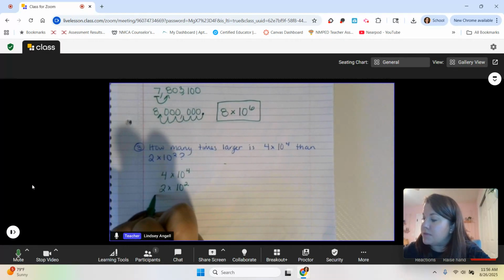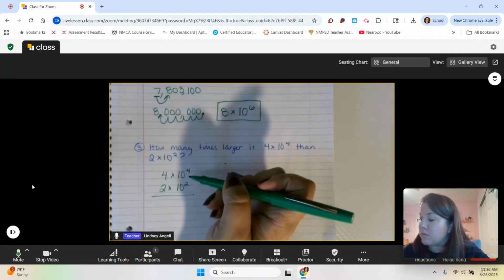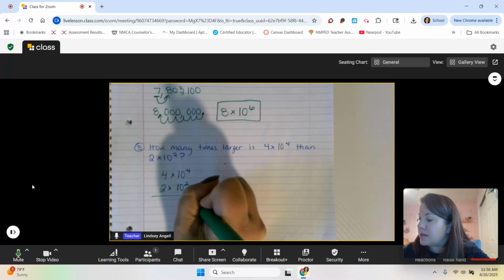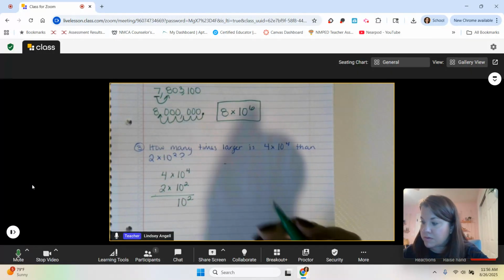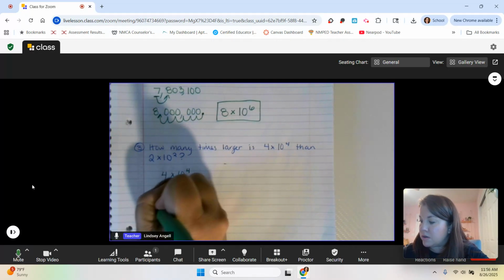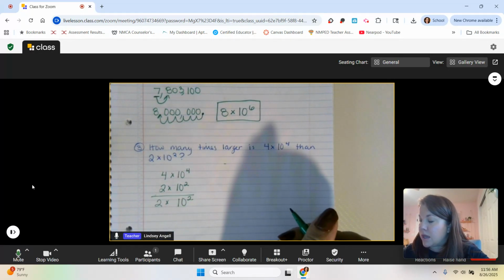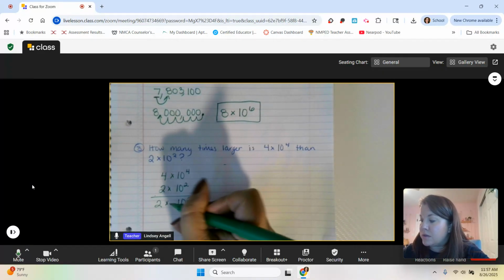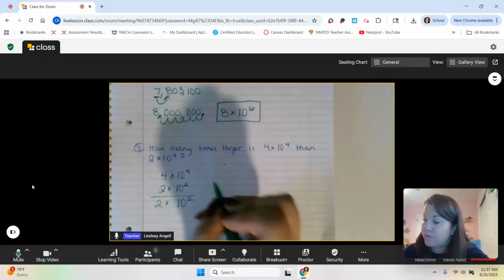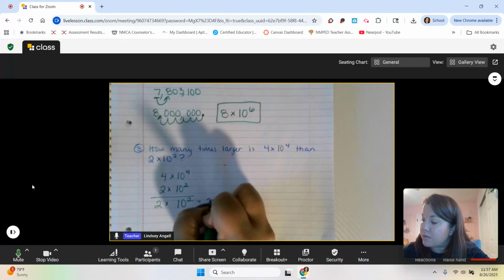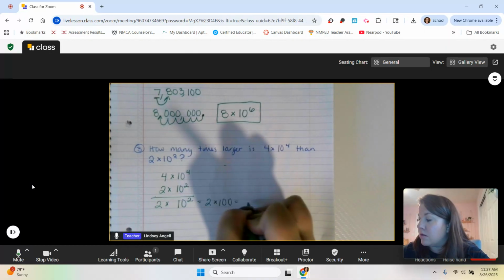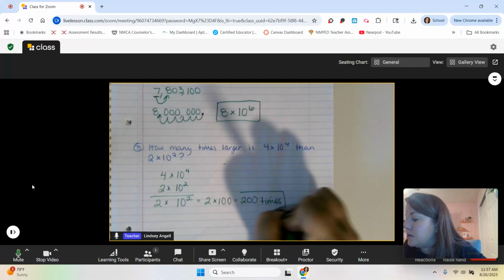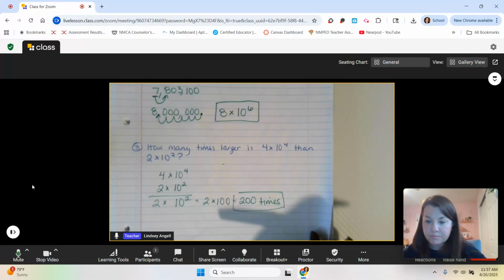So right here, 10 to the 4th, there's a difference of 10 to the second power between those, and there's a difference of 2 between 4 and 2. So I'm left with a difference of 2 times 10 to the second power, which, if I solve that out, is 2 times 100, which is 200, giving me a final answer of 200 times larger.